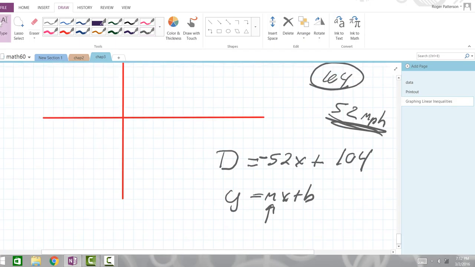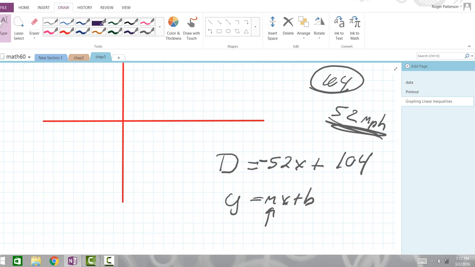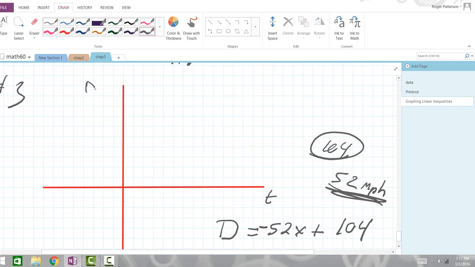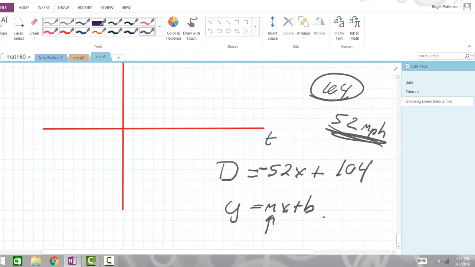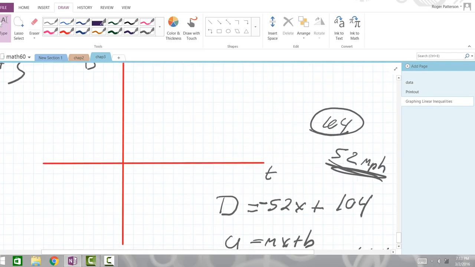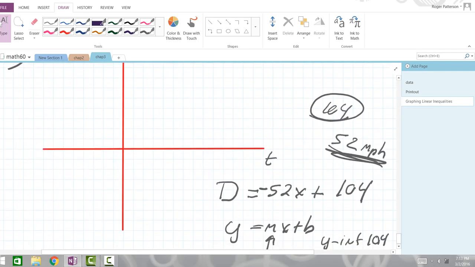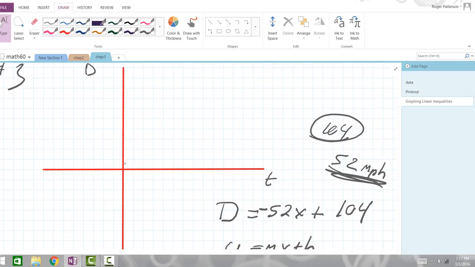All right, now we got our equation. Now we got to graph the darn thing. T is down here, D is here. The y-intercept is 104. I think we'll go by tens.